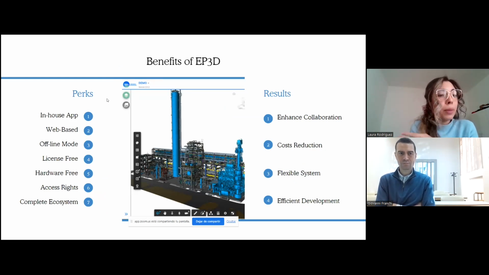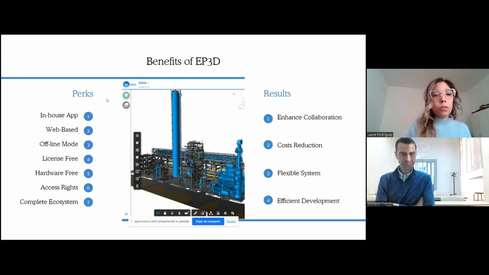And also, it counts with the offline mode, which means that we can cache submodels in case we don't have an internet connection. This was developed especially because this application is used in the headquarters, in the office of the company, but is also used every day on site, on the site of a construction project. And this is why it's adapted to maybe an environment where you don't have connection or you don't have a fancy computer. You can just use a tablet and it will work just as well.